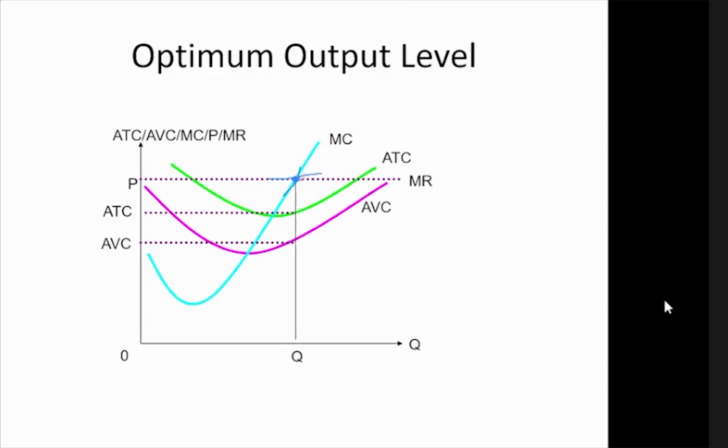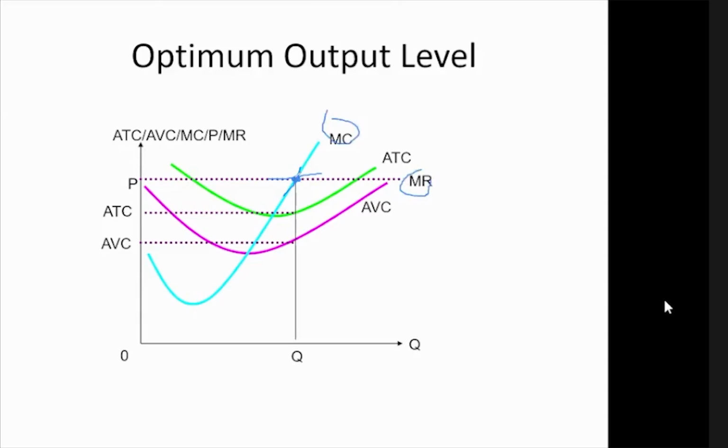In economic theory, we say that any firm, whether perfectly competitive, monopoly, oligopoly or duopoly, whatever it is, a profit maximizing firm will decide its output at the point where MR equals MC, or marginal revenue equals marginal cost.